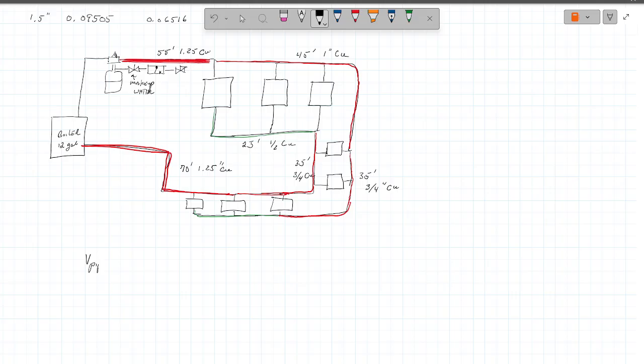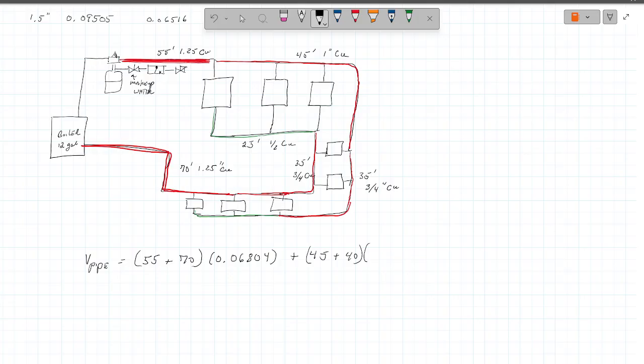So the volume of the pipe will be 55 plus 70, and that'll take care of our 1.25 inch, and that number is 0.06804 from the table I just created for you. All right, and then we're going to do plus 45 plus the 40 feet.